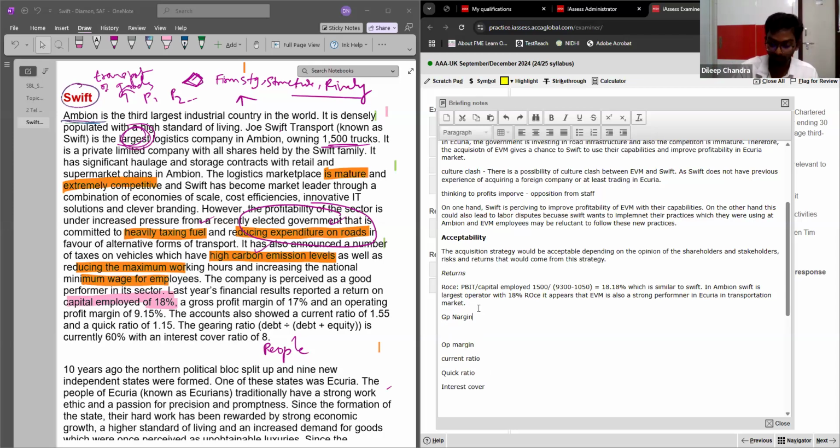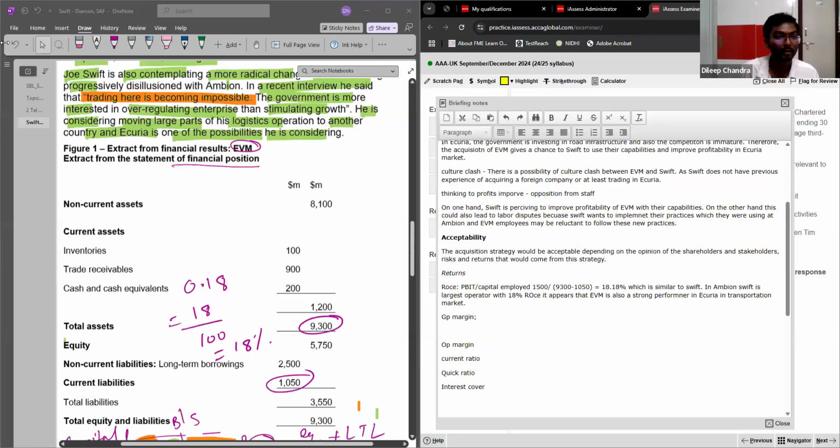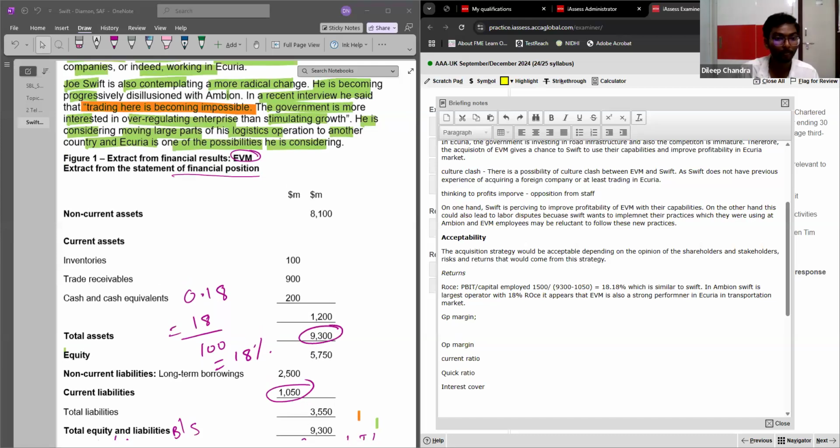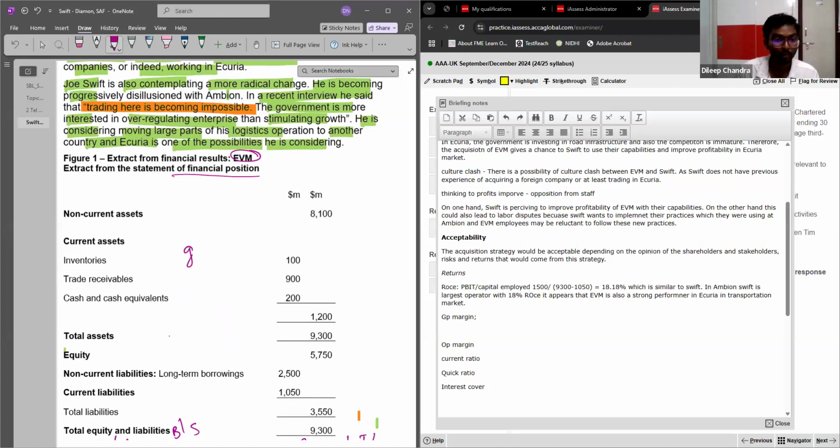So ROCE is done. Next, GP margin, gross profit margin. How will we calculate the gross profit margin? Any idea? GP margin formula? Gross profit by revenue.